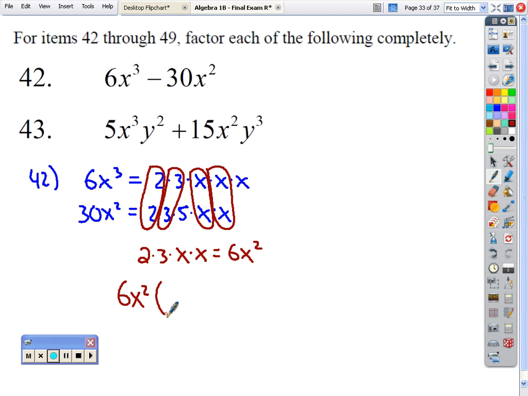So the part that's left over, the 6x to the third, is just an x. Okay? There's a subtraction sign there, so I'm going to put the subtraction sign inside the parentheses. And what's left over from a 30x squared is just 5. So here's my answer, 6x squared times x minus 5.